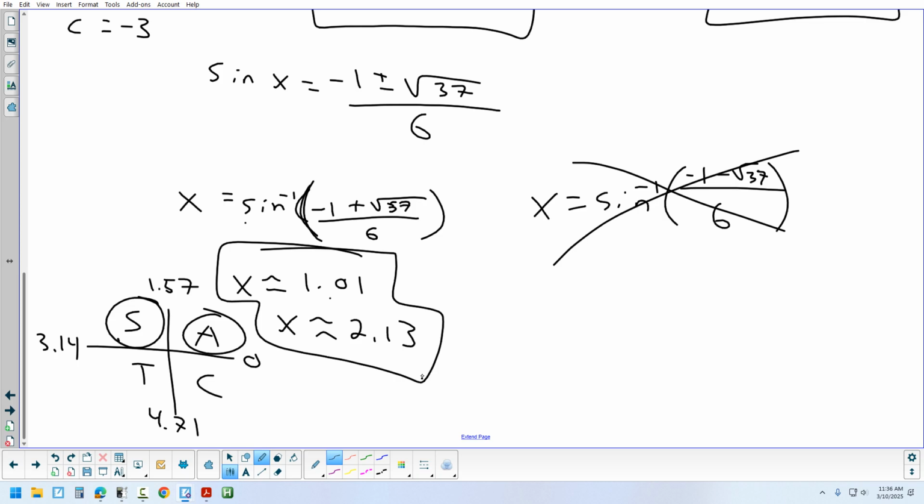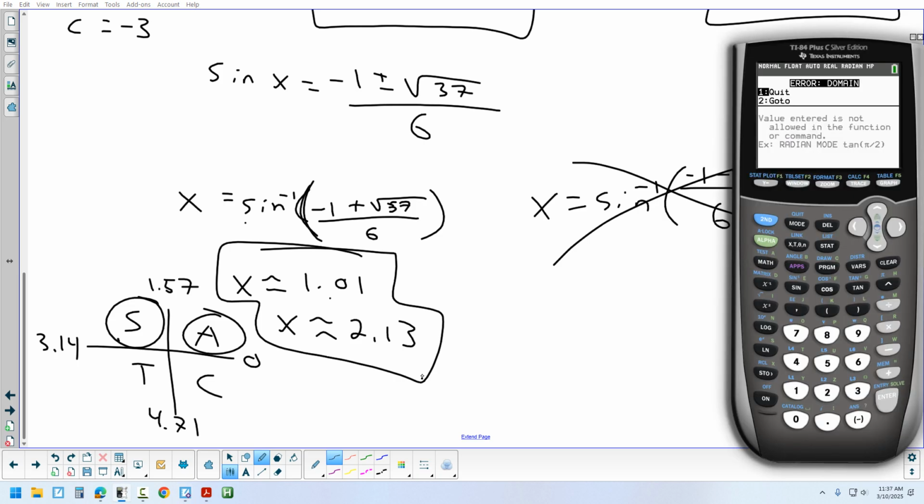Any question on that? How do we get to 2.13? We subtracted our first answer from pi. Now, if you're wondering how did I know that it wasn't going to come out to a nice answer?